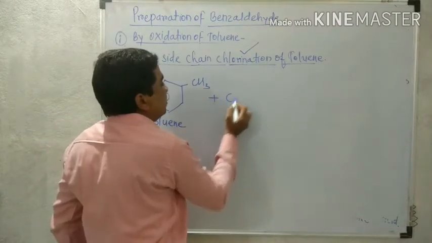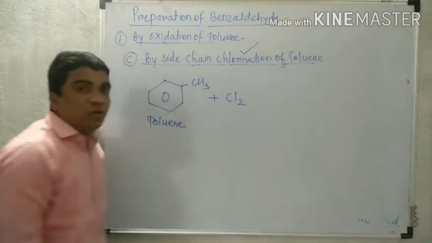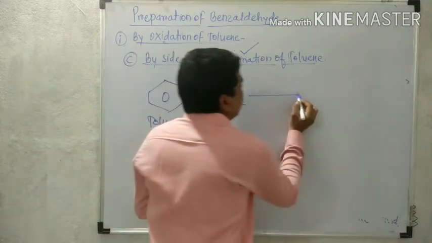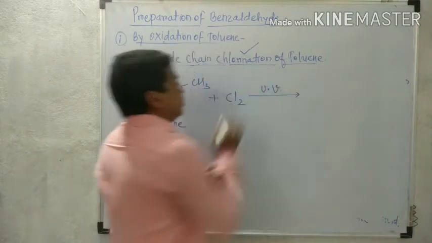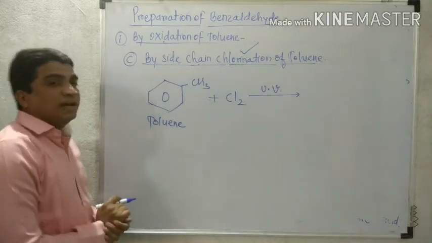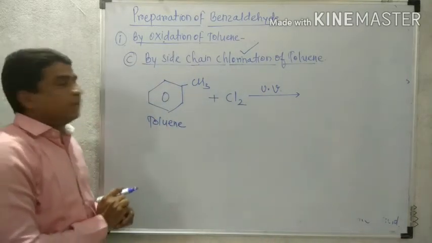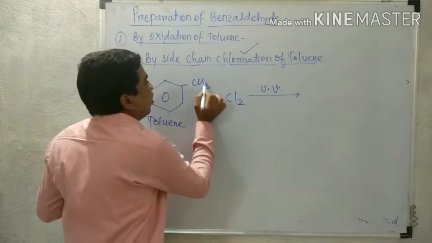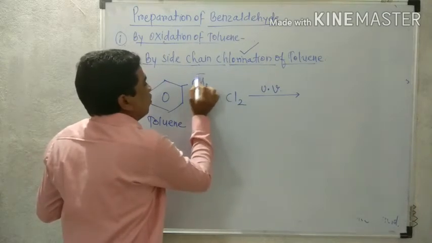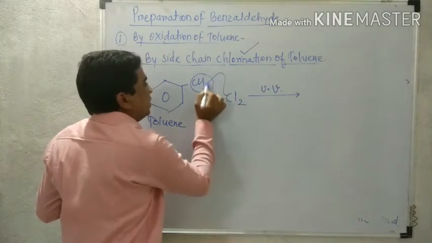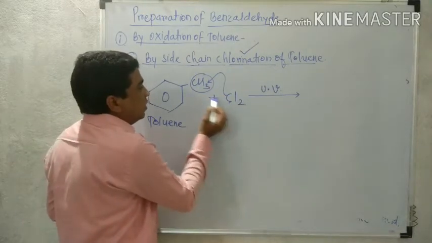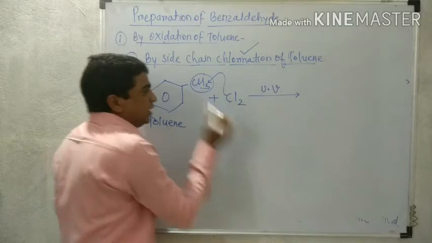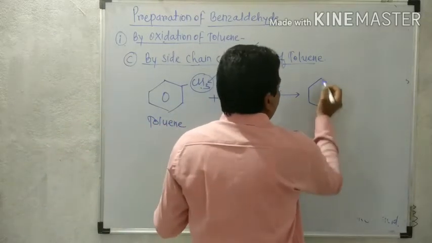Chlorination is a reaction with chlorine in the presence of ultraviolet light, UV radiation. So what happened? One Cl atom replaces one hydrogen of the CH3.